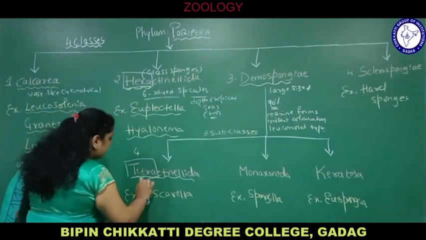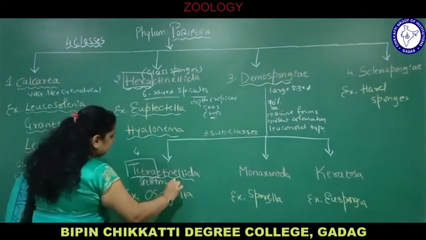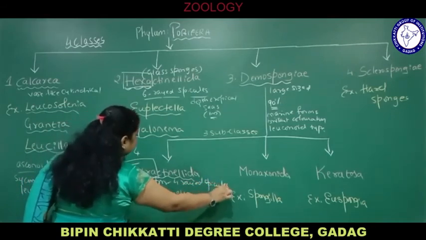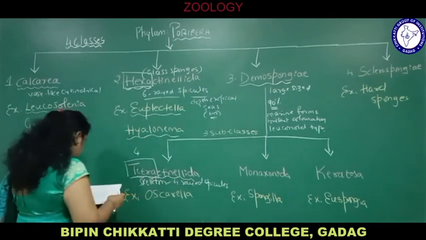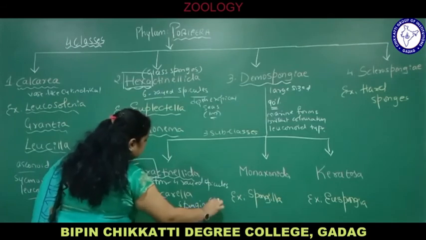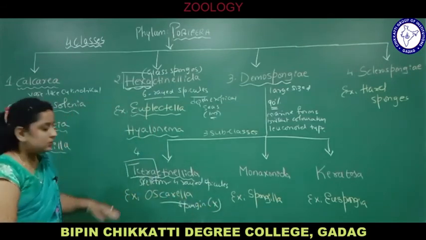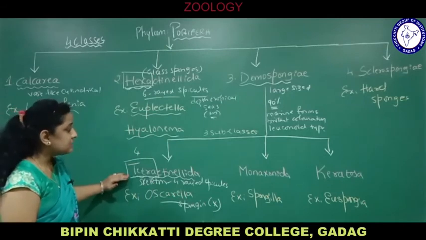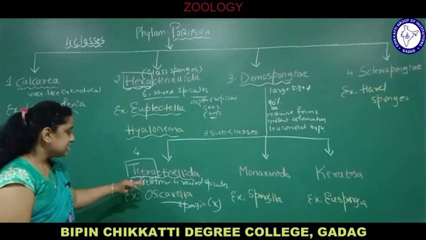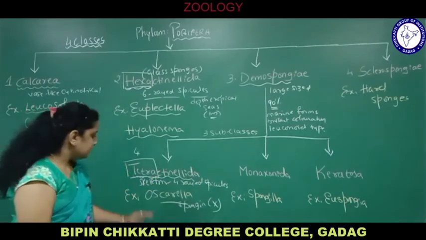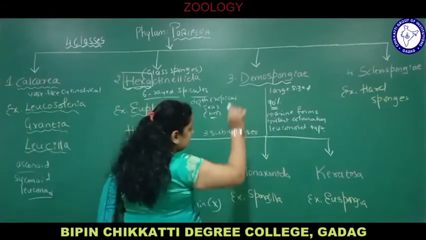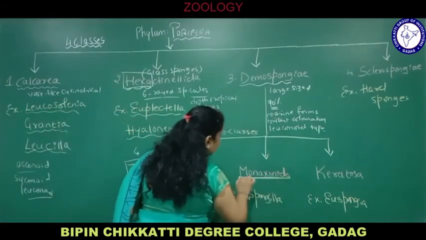Its skeleton is made up of 4 rayed spicules and spongin fiber is absent. Example, Oscarella. So Tetractinellida is a subclass of class Demospongiae: tetra means 4, the skeleton is made up of 4 rayed spicules, spongin fiber is absent.